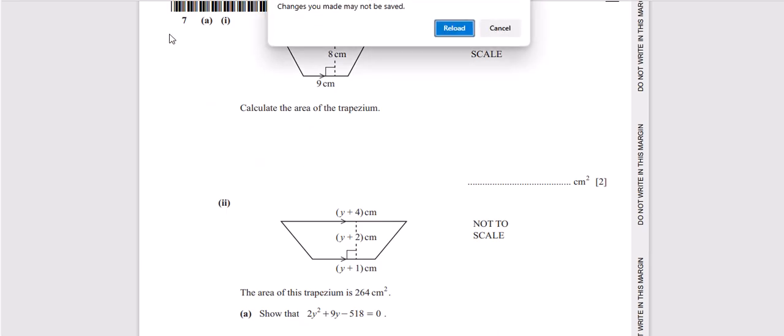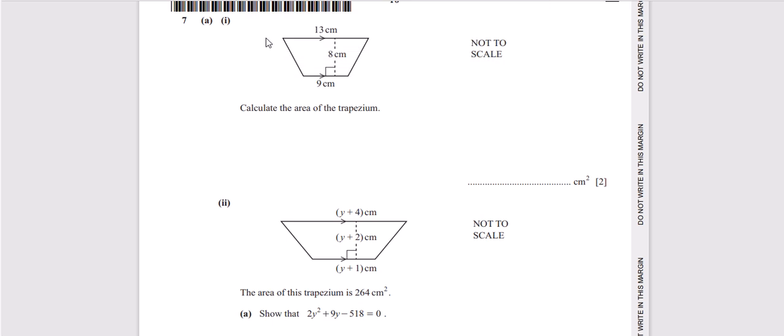Question number 7. Part A 1. Here is a diagram. Calculate the area of the trapezium. First of all, we write the formula to find the area of a trapezium.